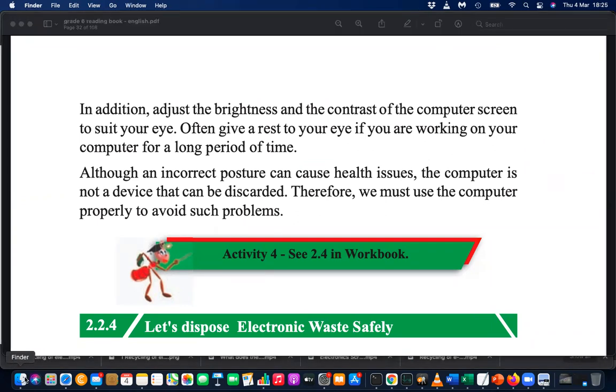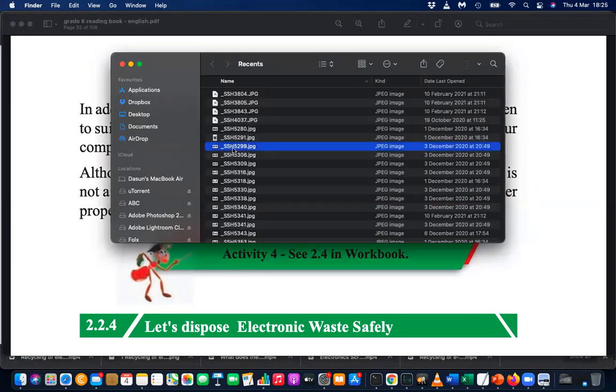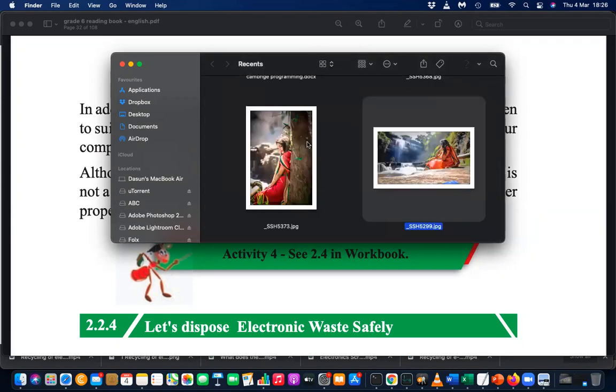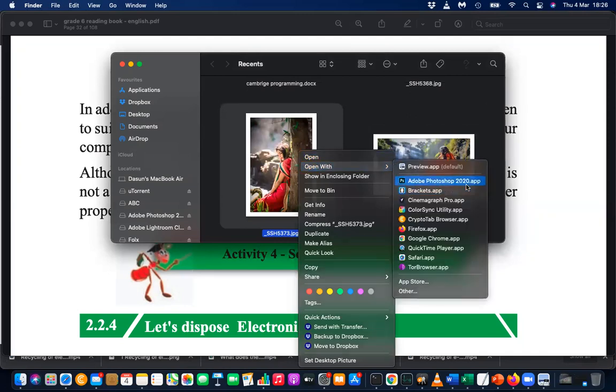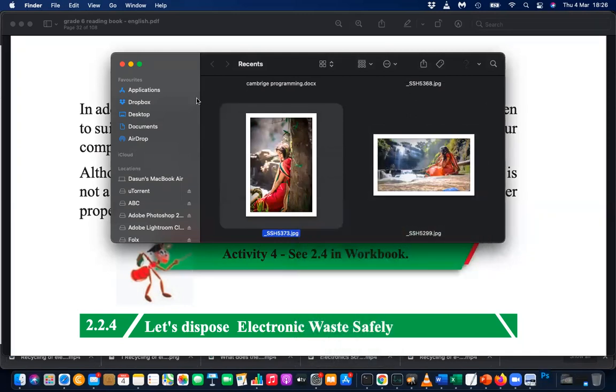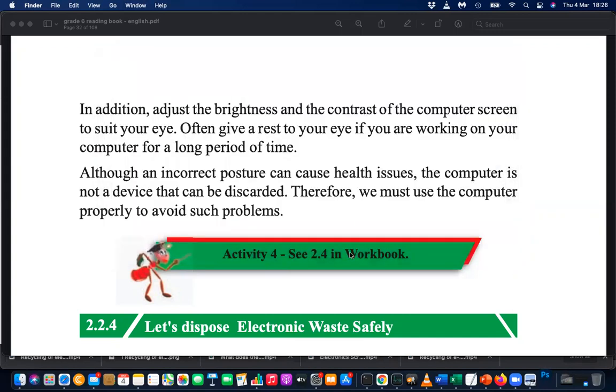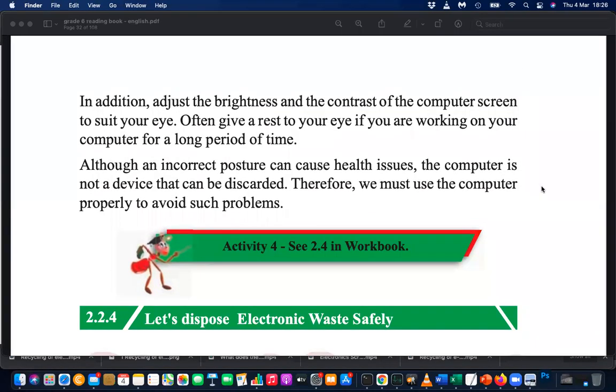I'm going to use a small image from the computer, then I can show this very well. I'll use this image and I'm going to open that with Photoshop.